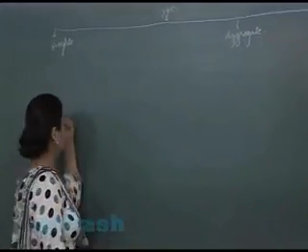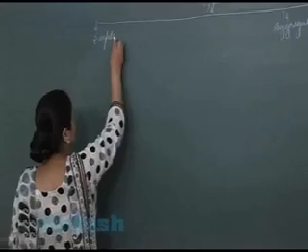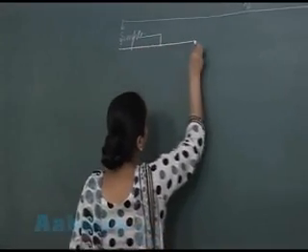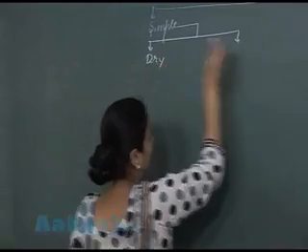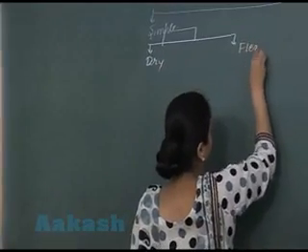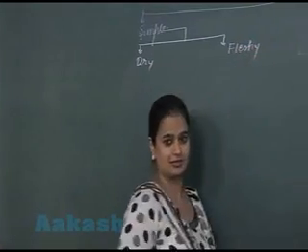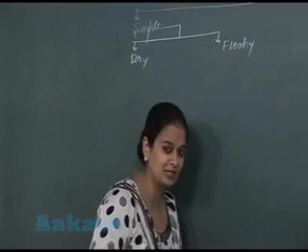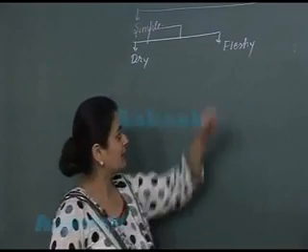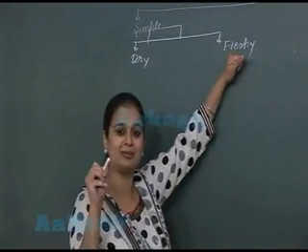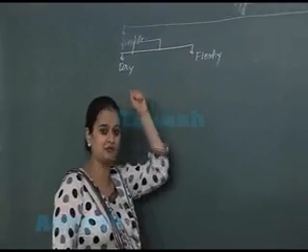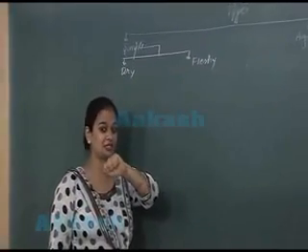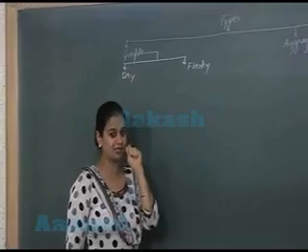Now, in the simple fruit, I have discussed 2 categories, that is dry fruit and fleshy fruit. So what is the difference between the dry fruit and fleshy fruit? In the fleshy fruit, the pericarp is differentiated into the 3 layers, and in the dry fruit, the differentiation of the pericarp is absent.